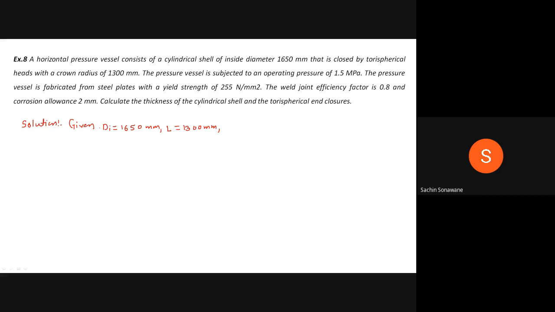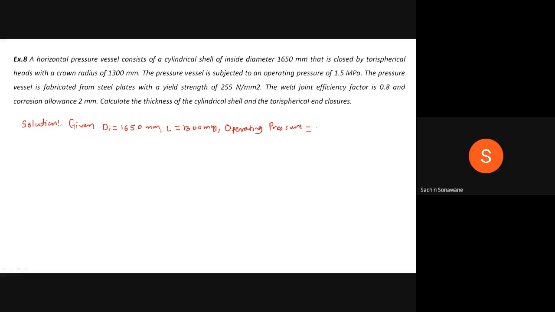Then the operating pressure is given. Sorry, this is not the value of Pi.